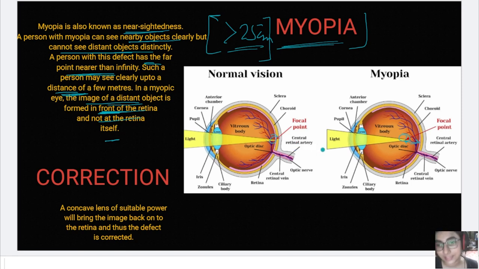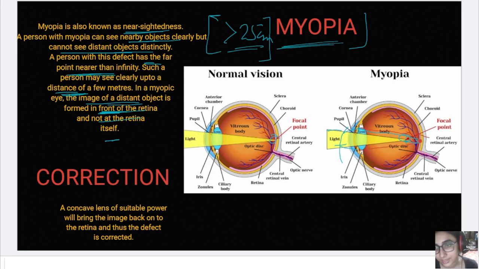Common sense says that we put a lens here which diverges the rays. Which type of lens, we'll talk about it later, but if you put a diverging lens, the light rays coming will diverge a little, right? It will obviously take some more time. Then when it gets refracted through the lens, it will be able to exactly concentrate at the retina.